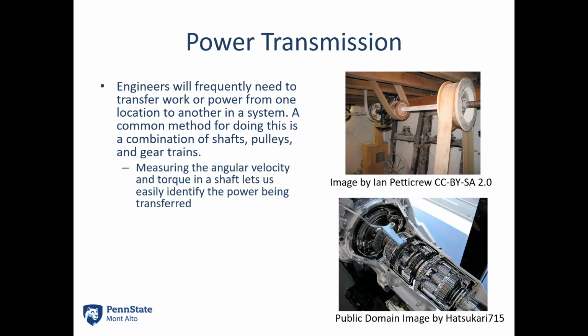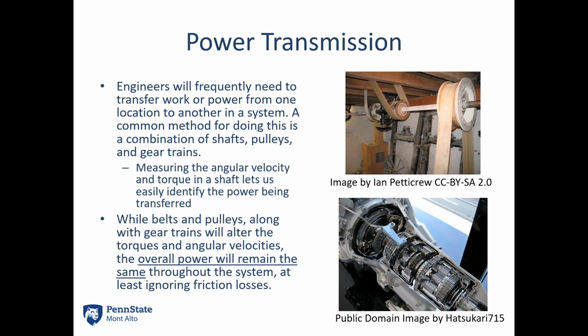As we've dealt with before, for fixed axis rotation systems, the torques are going to vary from input to output. If we vary the size of the gears or the size of the pulleys, we can change the torques from input to output, and we change the angular velocities along with that.